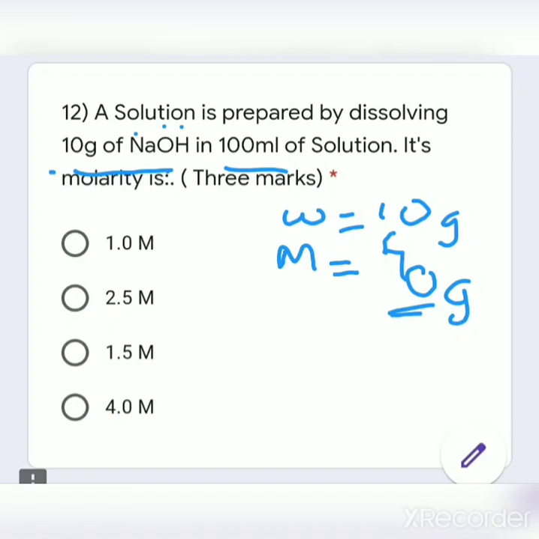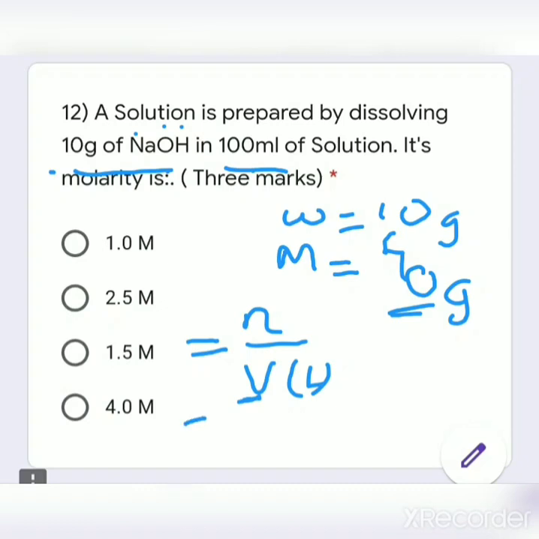So we need to apply the formula for molarity. Molarity is equal to the number of moles divided by the volume of solution in liters. Since ml is given here, you need to divide by 1000. I told you, whenever the volume of solution is given in ml, you have to convert it using 1000.